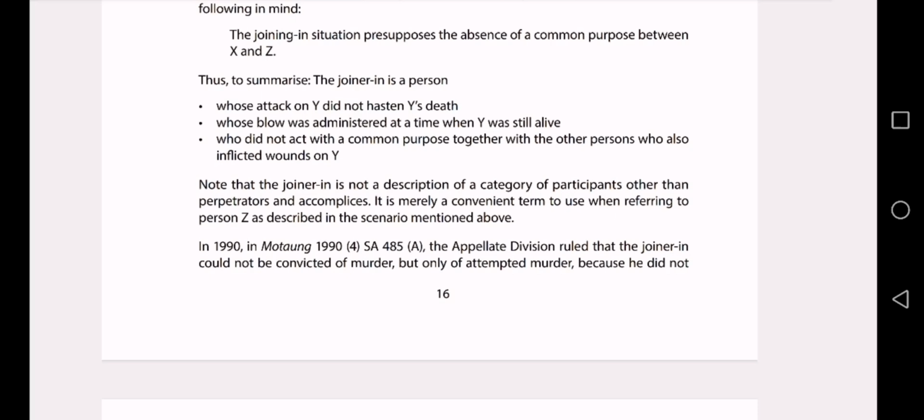It is merely a convenient term to use when referring to the person Z as described in the scenario above.